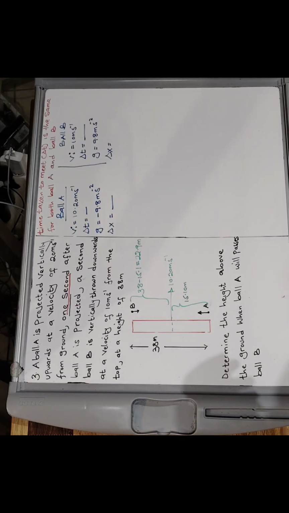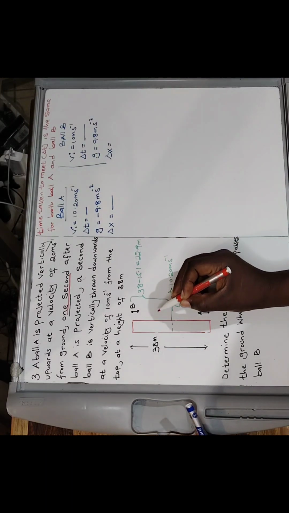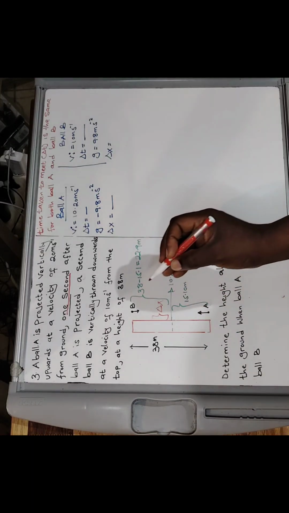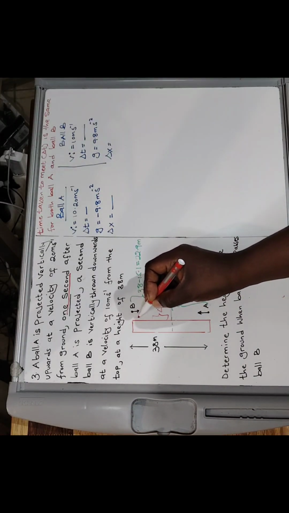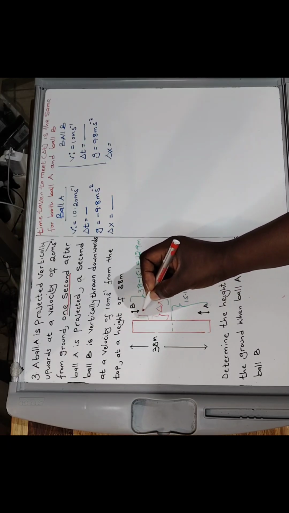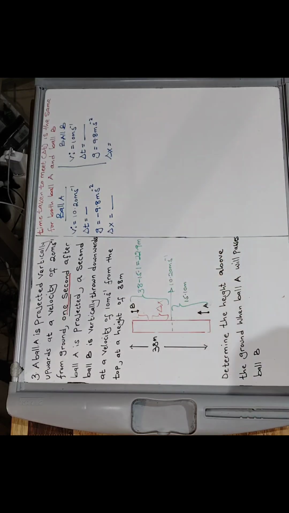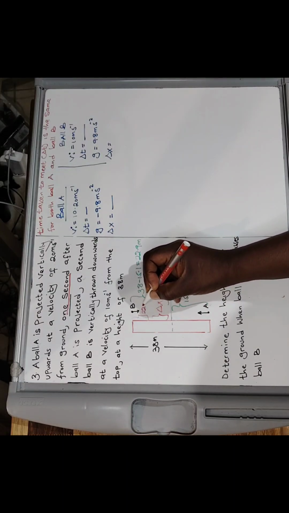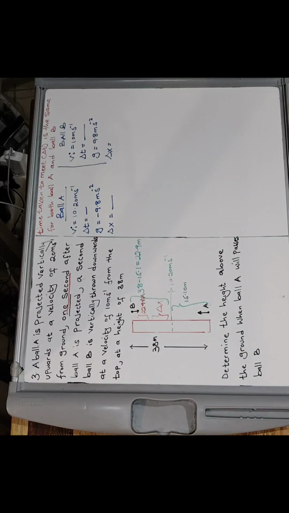I want us to know that if ball A covers displacement delta x, then ball B will cover displacement which is going to be 22.9 minus delta x.